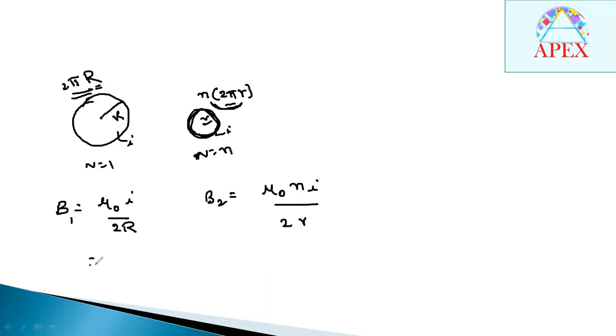So B1 can be written as mu naught I by 2 into, in place of capital R, small n into r. And B2 is this one now. What is the ratio B1 by B2? Mu naught I by 2R will be cancelled in both the cases. For B1, 1 by n will remain and here n will remain. So finally, the ratio will be 1 by n square.